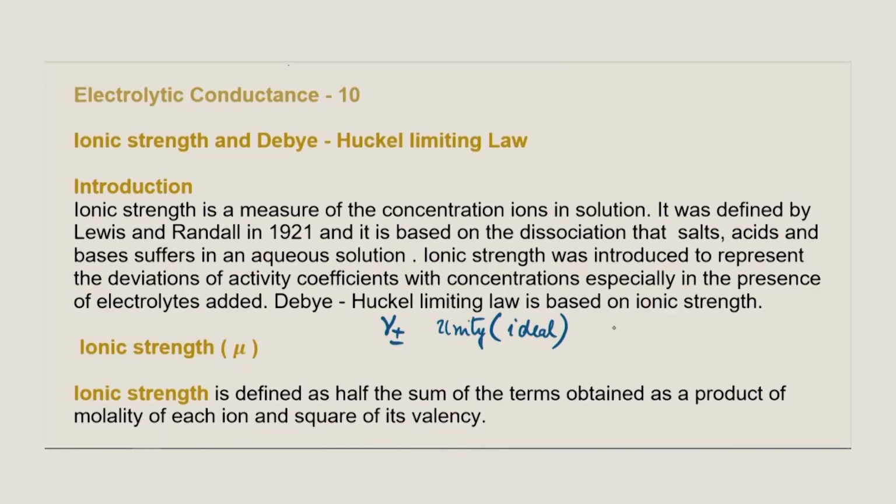The deviation from this value is mainly due to interionic attractions existing between the ions in an electrolyte, and the value increases as the concentration decreases, and it reaches unity.